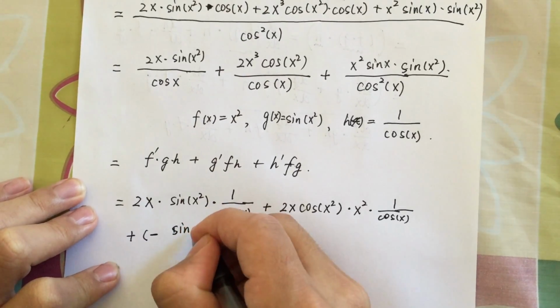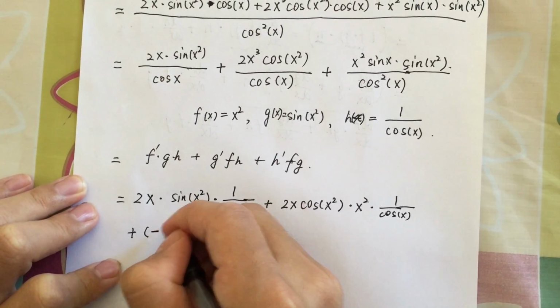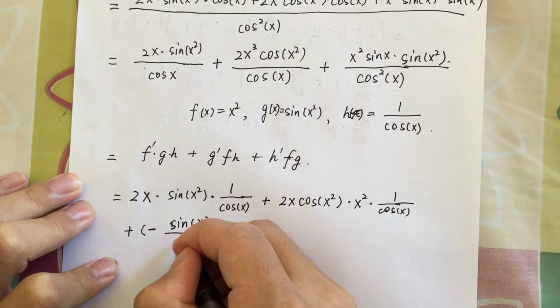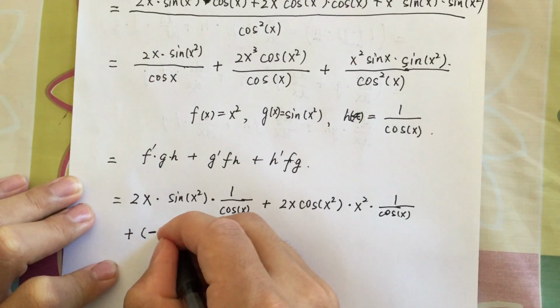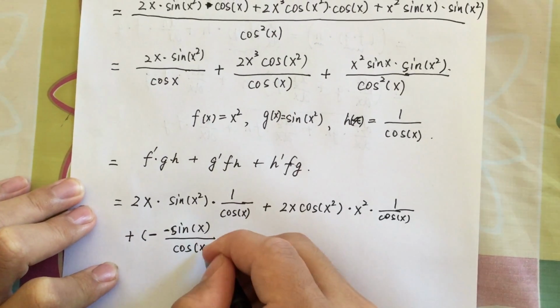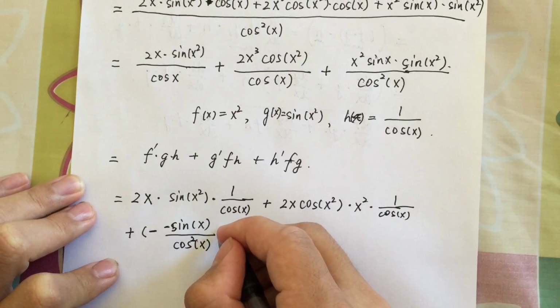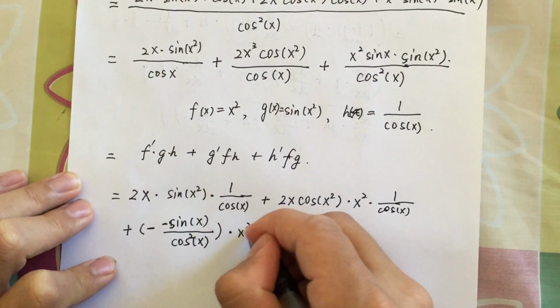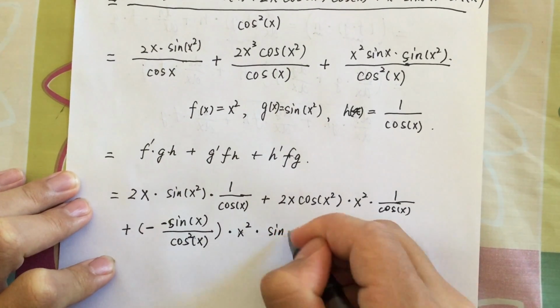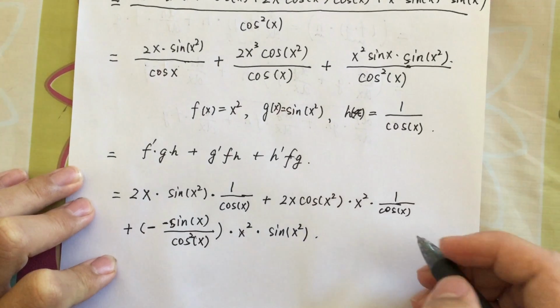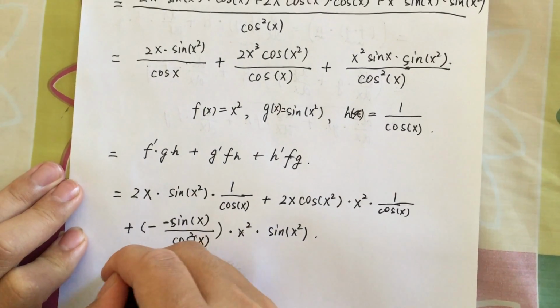sine x over cosine x squared times x squared times sine x squared. And then we clear it up.